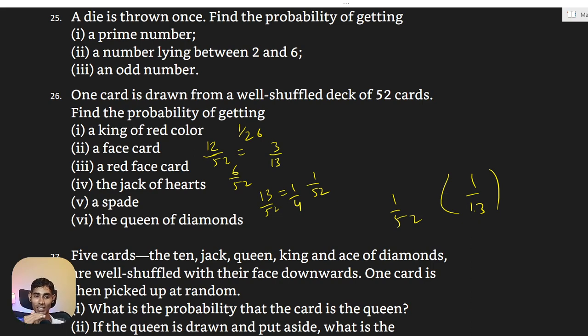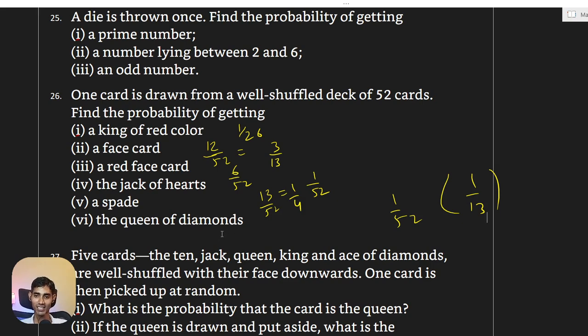My question is they are asking queen of diamonds. So should we consider 13 diamond cards or which way? Four queen cards, like two black and two red. No, no. Read the question. It's not queen. It's queen of diamonds. So you should take 1 by 52 because total cards are 52, or you should take 1 by 13 because 13 total diamond cards, right?